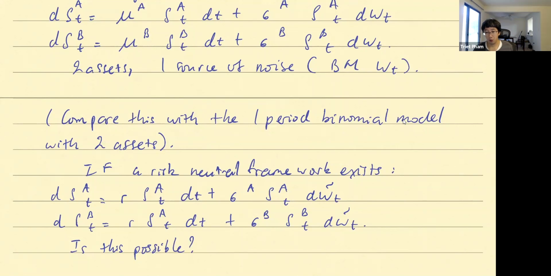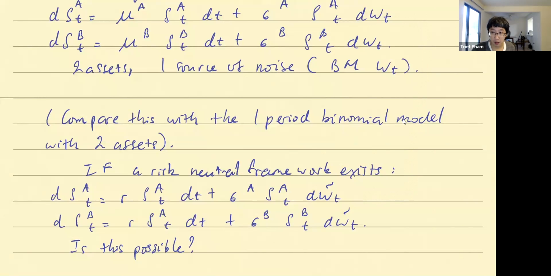What do I mean by that? What I mean is, is this mathematically possible? And do remember, this is exactly where I emphasized last time that the transition from physical to risk neutral is not simply to wipe this out and write an r on it.